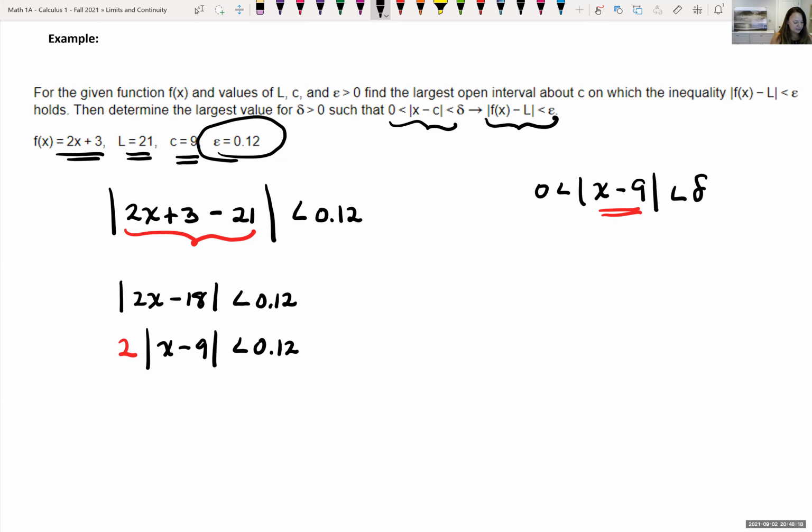Let's divide both sides by 2. So the absolute value of x minus 9 has to be less than, well, 0.12 divided by 2 is 0.06. Okay, so we're going to choose delta equals 0.06.